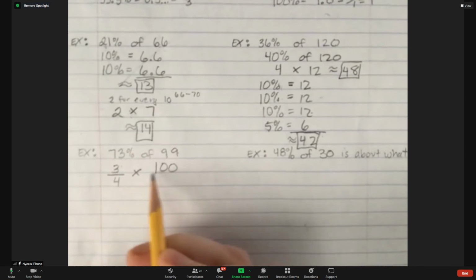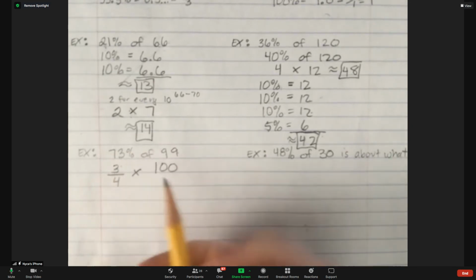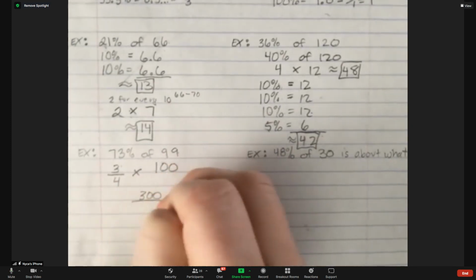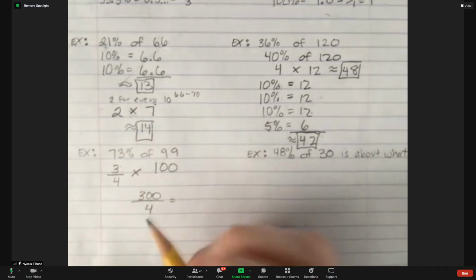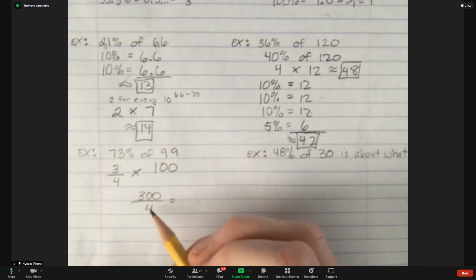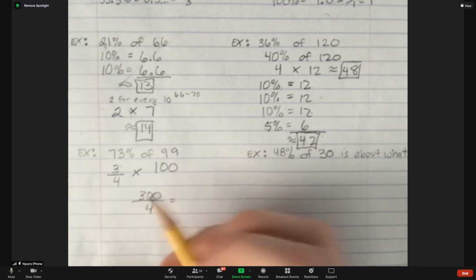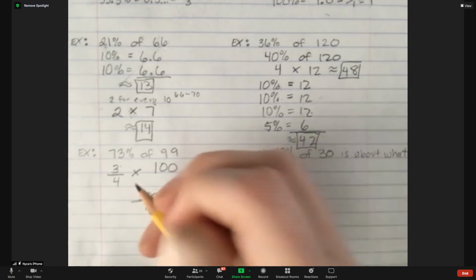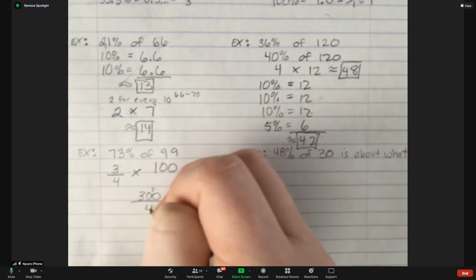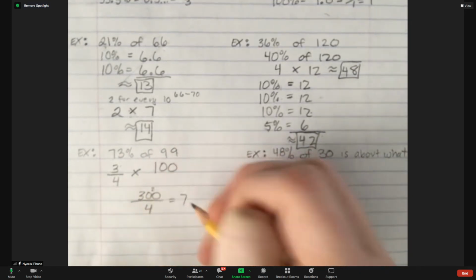So then some students will say, okay, that means 3 times 100, which is 300 over 4. And then you can look at it and say, all right, well, 4 goes into 30 7 times. That leaves 2 over. And then 4 goes into 20, 5, so 75.